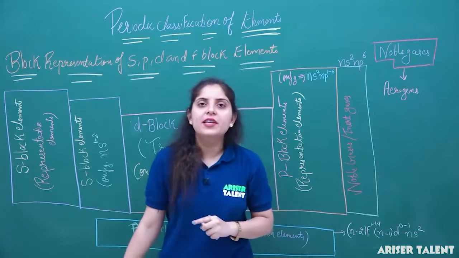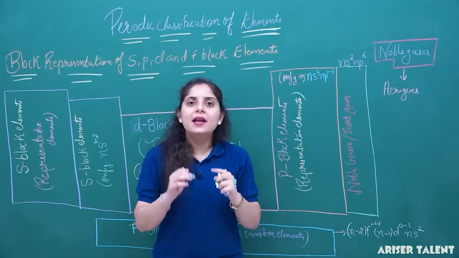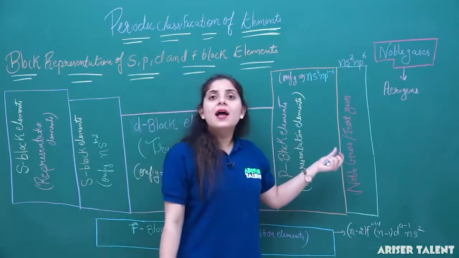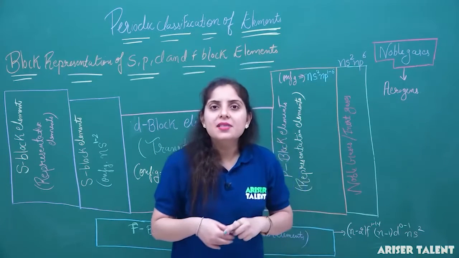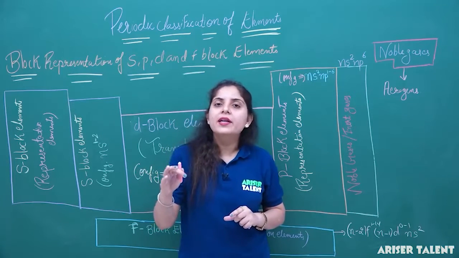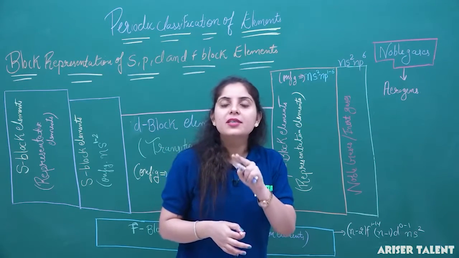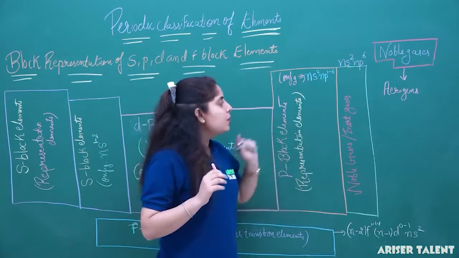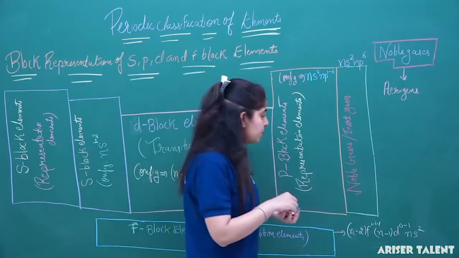The outermost electronic configuration represents that they have a completely filled octet, but one exception lies here, that is helium. Helium has an electronic configuration of ns2 only, so it is not going to form an octet, it is going to form the duplet because its electronic configuration is equal to 2. So, this is all about the noble gas representation.